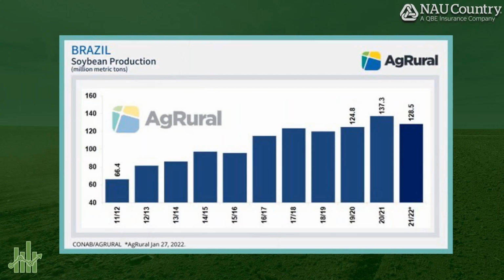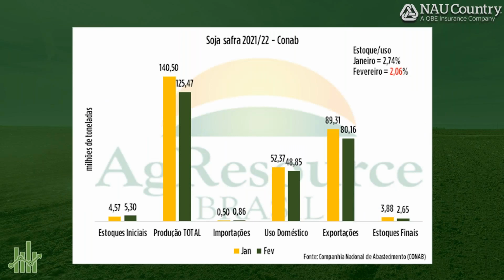And a week ago, we did get some updated production estimates out of the Southern Hemisphere. Ag Rural had dropped their crop estimate to 128.5 million metric tons. That is down about 9 million from last year's record. But as Eric had mentioned a couple of months back, we were talking about a 144 to 145 crop in the Southern Hemisphere. Same with CONAB, that's the Brazilian government.